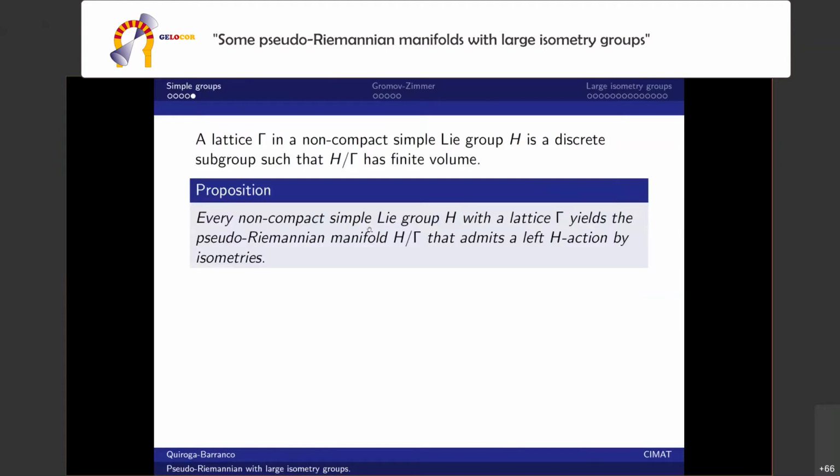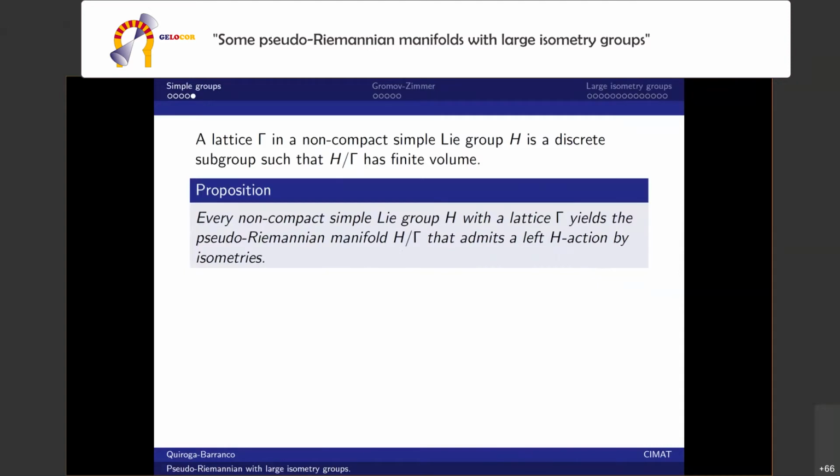So you take a non-compact simple Lie group, consider some lattice gamma, and because the metric on H is bi-invariant, the quotient still admits a left action of H by isometries. With this construction, H mod gamma has finite volume, in some cases is compact, and has a large isometry group given by H itself.